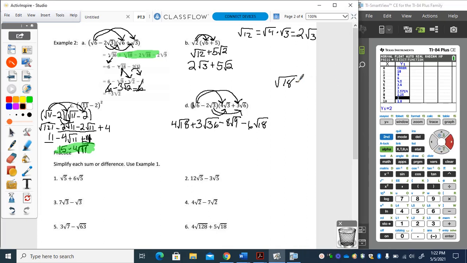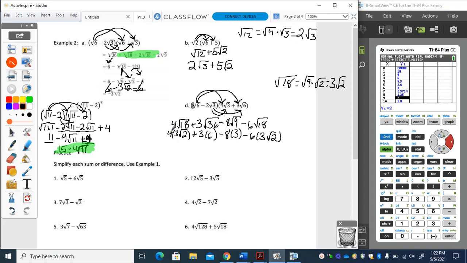Well, that works, leaving 2. So we have the square root of 9 times the square root of 2, which is really just 3 square root of 2. So we have 4 times 3 square root of 2. And then plus 3 times the square root of 36, which is 6, minus 8 times the square root of 9, which is 3. And then we have minus 6 times, and again, the square root of 18 is 3 square root of 2.